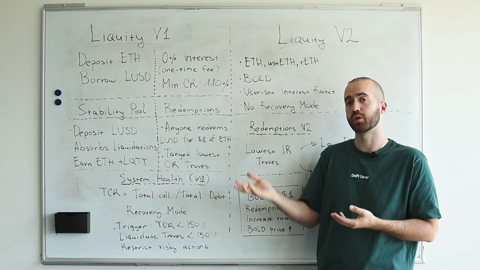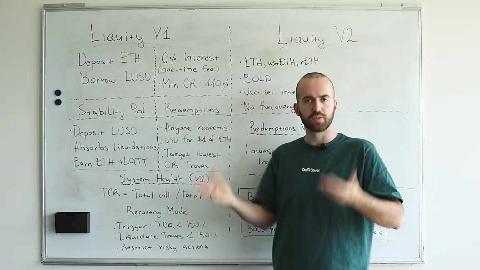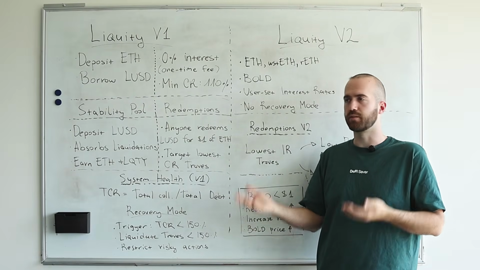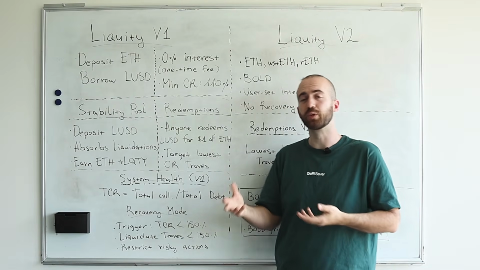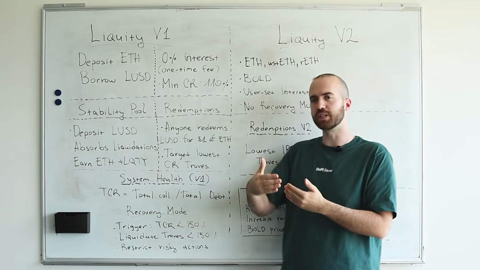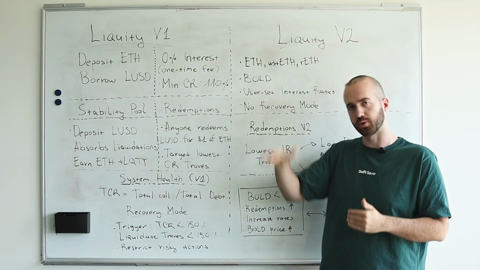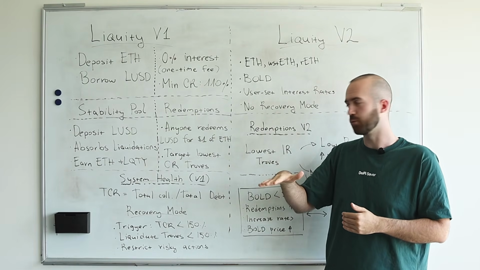And if the price goes above $1, people are just going to sell it on the open market. They're not going to have an incentive to redeem it because they'd be losing money. They get worse value if they redeem it when it's trading at a premium. And so that market action is also going to push its price down.